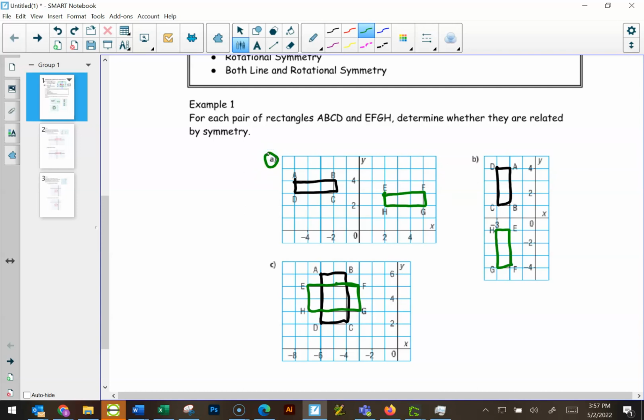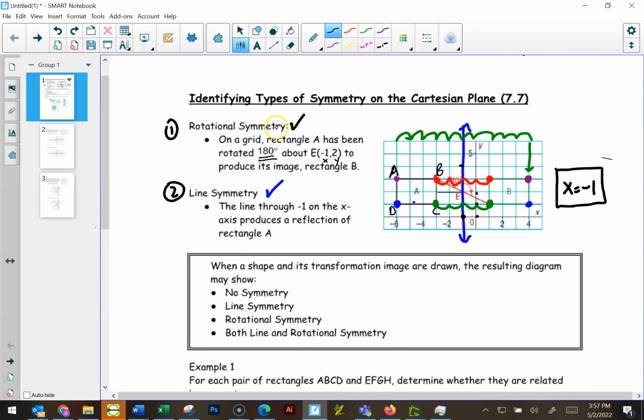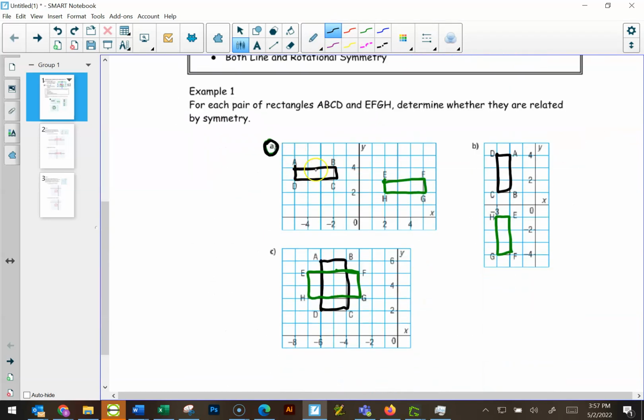Okay, let's check first if we have rotational symmetry, which means can we rotate this object around a point to make it end up right on top of the other one? Now it looks like we can.